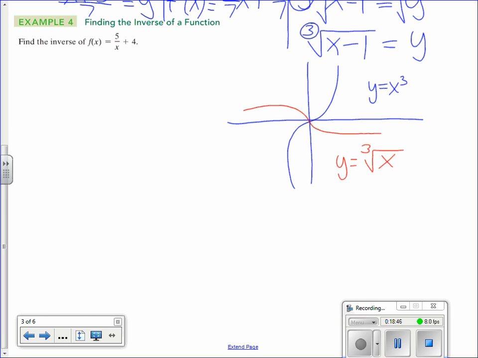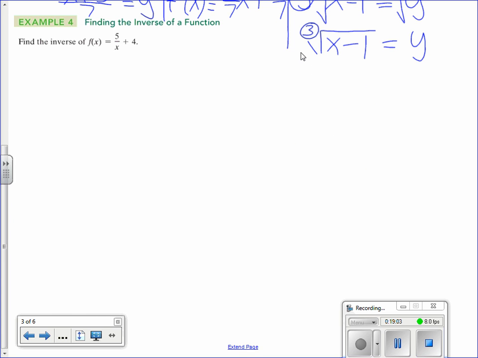Okay, so if I was to perform the vertical line test to the graph in red, would it pass it? Yes. So yes, cube root functions are still functions. So because of that, we can move on to step number 4.